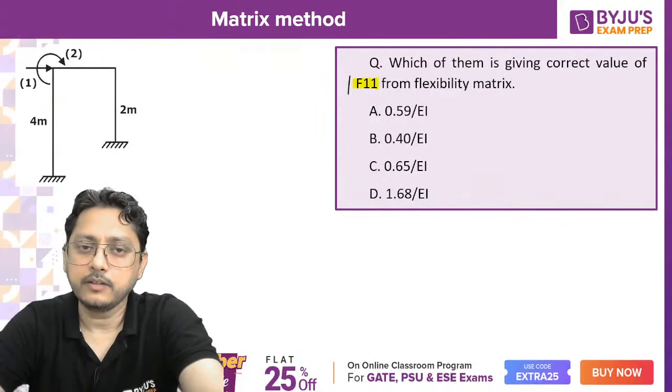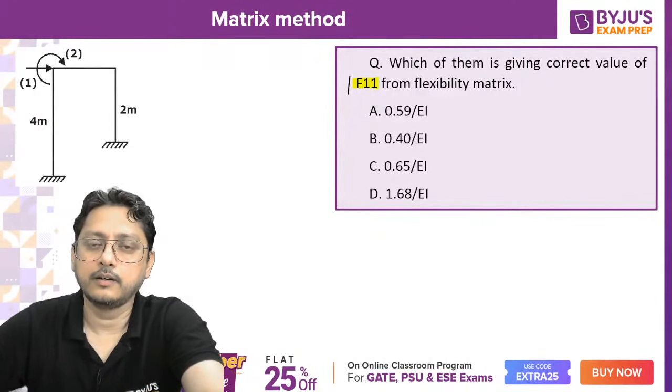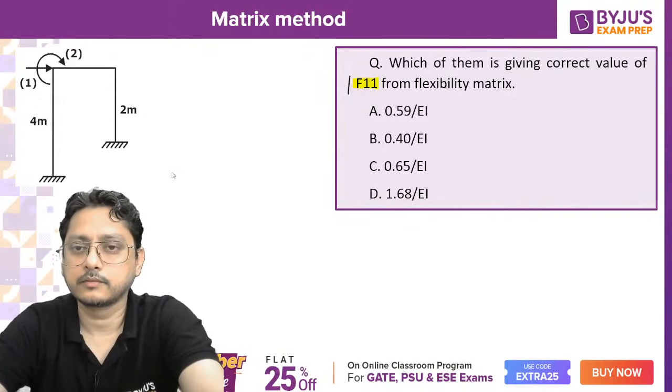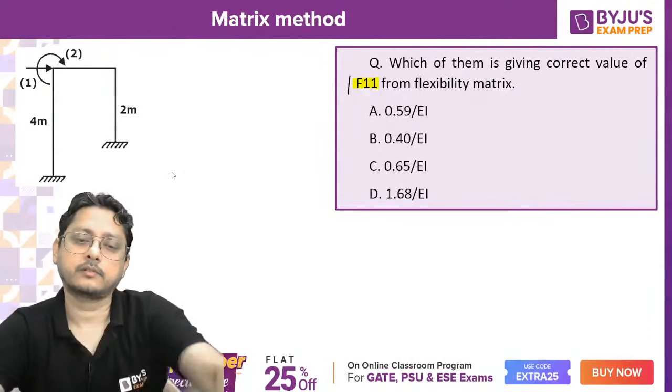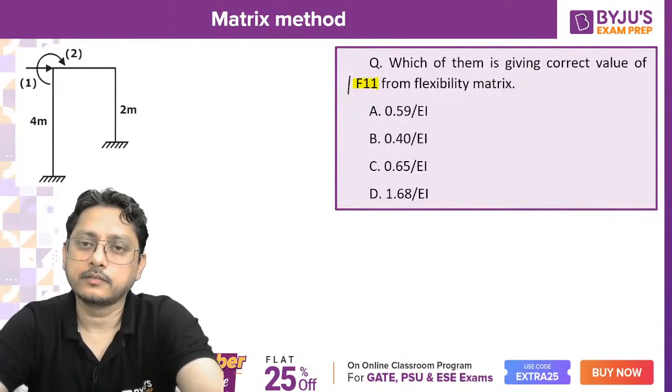From the flexibility matrix, which of them is giving the value of F11? How will you do this one?